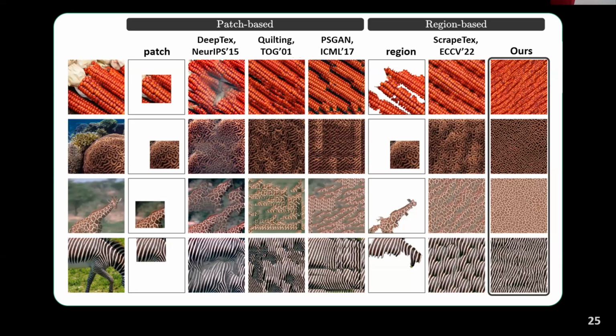What you can see on the right is that our texture actually looks more flat and less entangled in terms of geometry and lighting than the other baselines that you see on the left. This is especially visible, for example, with the giraffe skin that looks quite flat, which is exactly what we want.